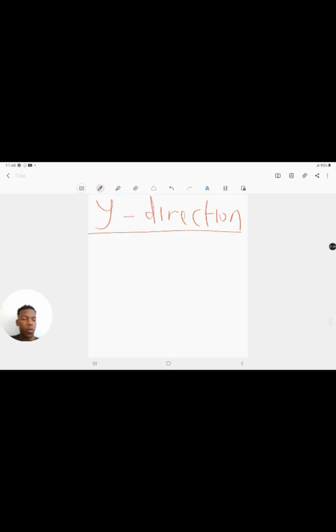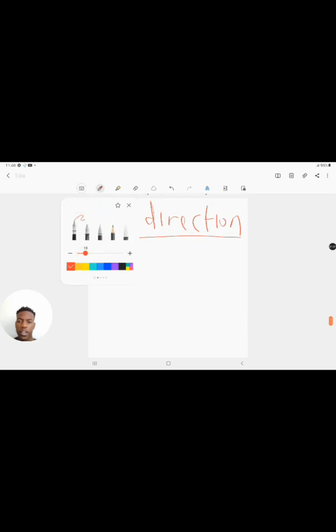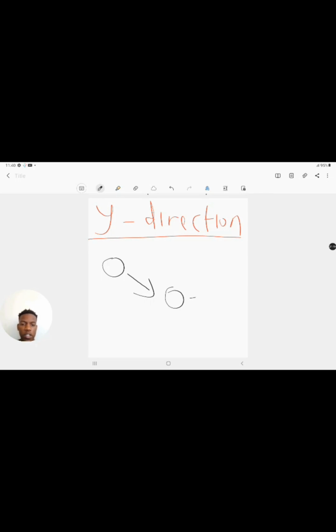In the y direction, let's revisit our situation. You have that ball moving at an angle, it strikes a ball that is standing still, and it causes this ball to move in that direction, and ball number 1 continues to move down like that.